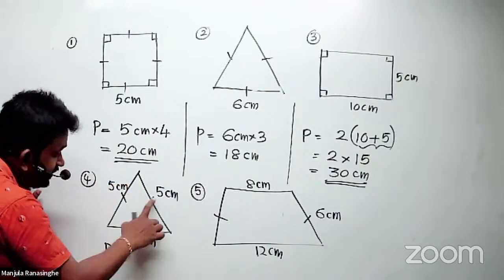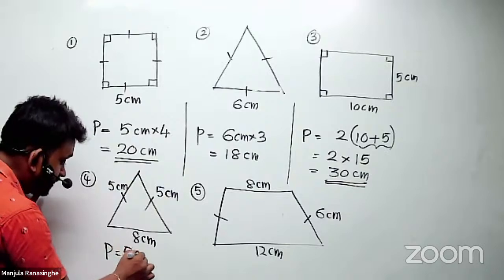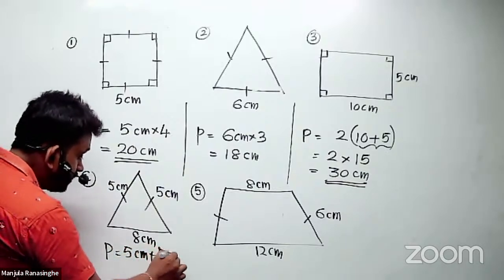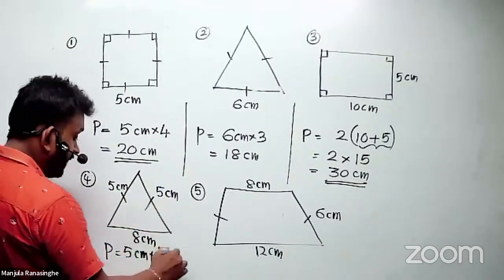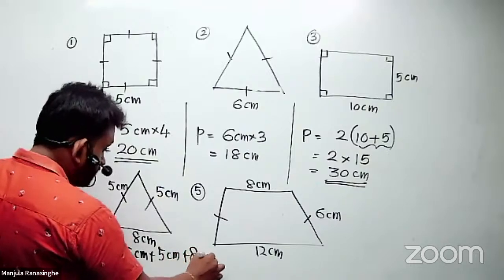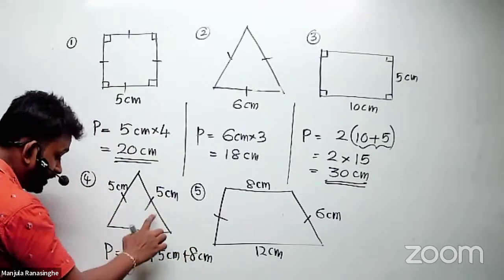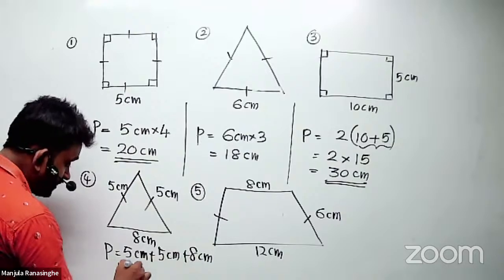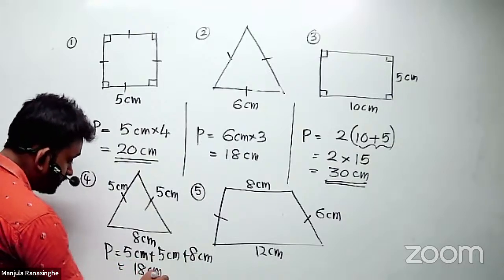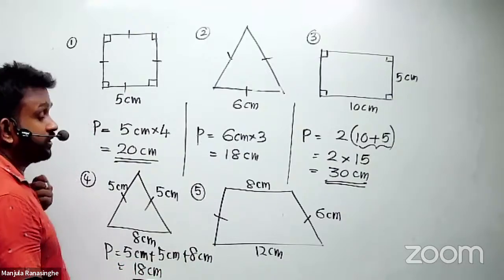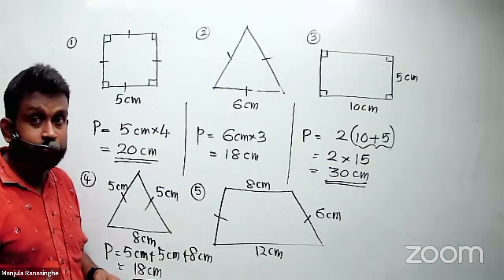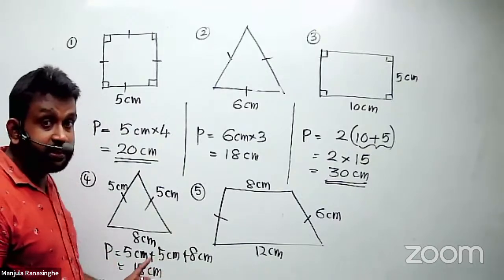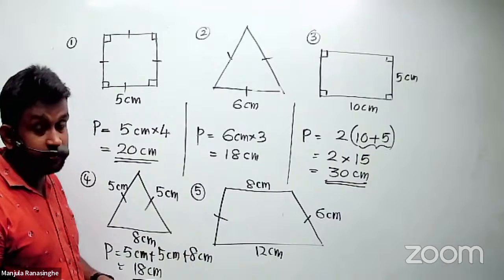So you have to add these two, 5 centimeter plus 5 centimeter plus 8 centimeter. Then 5 plus 5, 10 plus 8, it gives you 18 centimeter.